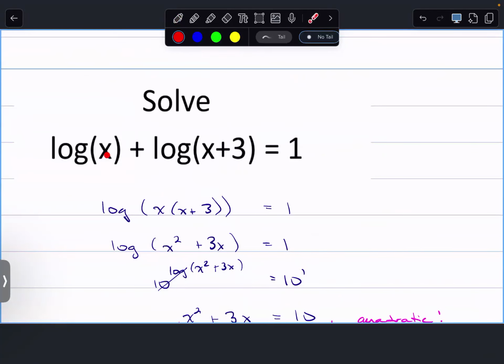The domain, I have just an x here, so that means that x has to be greater than 0. X greater than 0 and x plus 3 greater than 0. But x plus 3 greater than 0 just means that x has to be greater than -3, but it's overpowered by x has to be greater than 0.